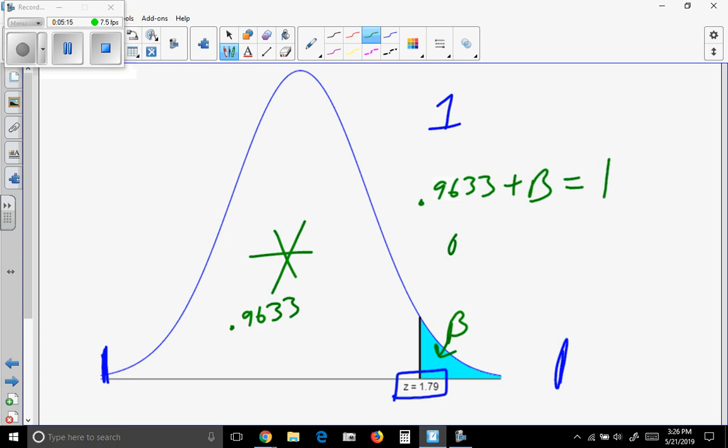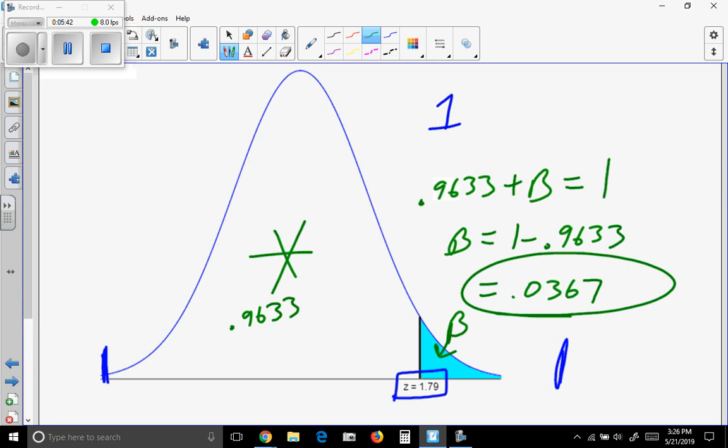So in other words, B is the complement. It's 1 minus 0.9633. So this area is the complement of that one. It's everything else. So 1 minus this area will give us this. So what's that, 0.0367 for that area.